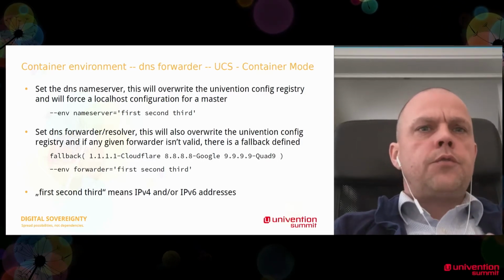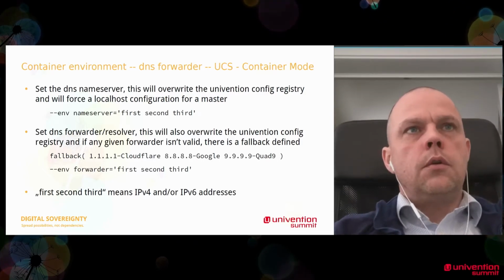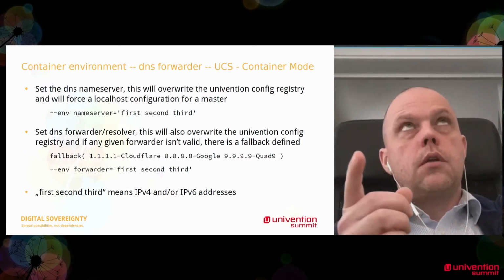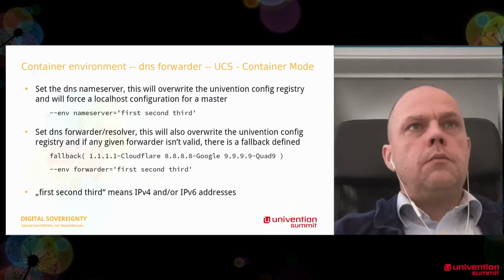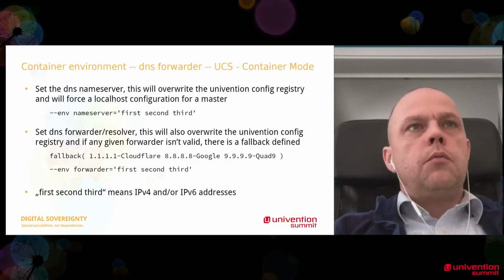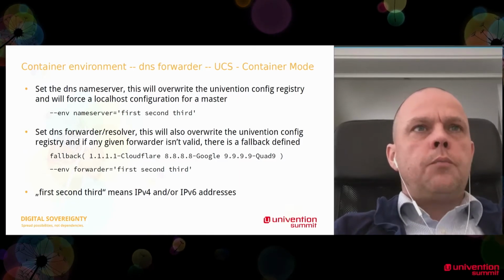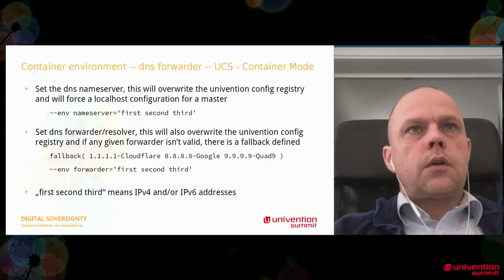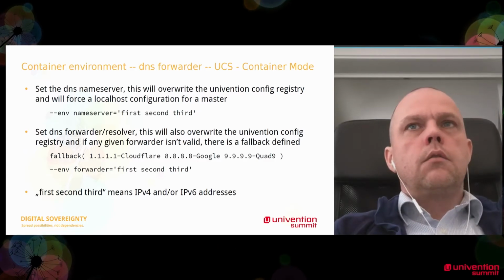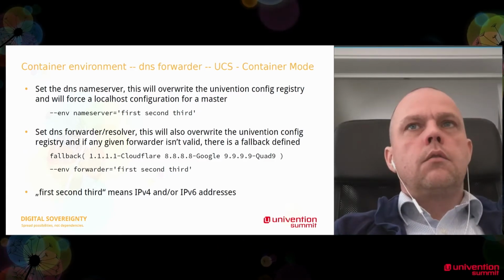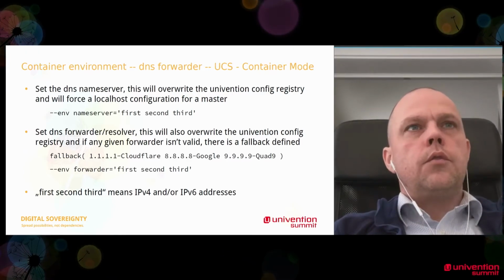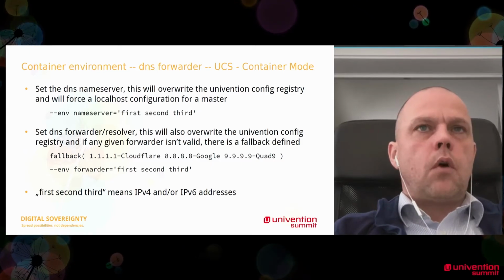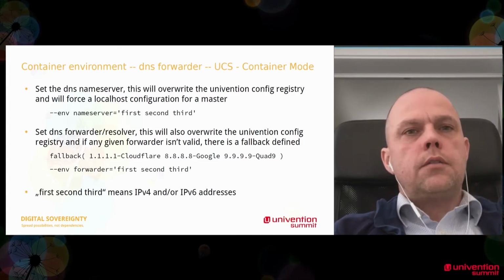Name resolution. We learned earlier that we can have this master join. So we have the system role, master, slave, backup, member. And here it makes sense to transmit an IP address for name resolution. We can put in at least three different IP addresses. And for the master, a forced localhost IP address.